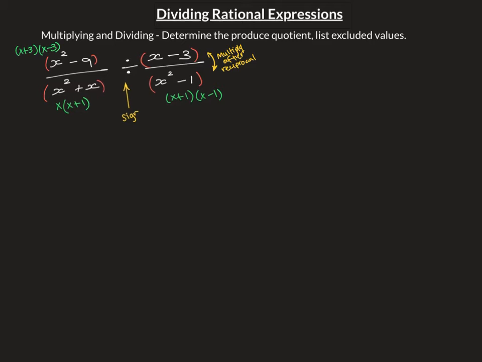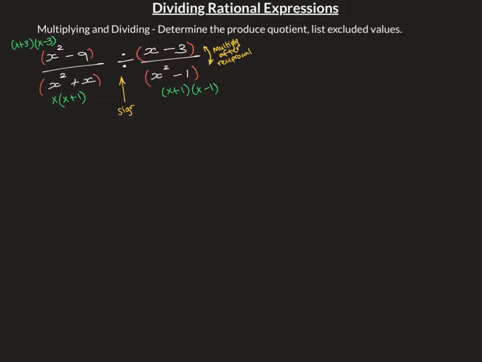So we can go ahead and just rewrite this. Our current new equation would be x plus 3 times x minus 3 divided by x times x plus 1, divided by x minus 3 over x plus 1 times x minus 1. Now, we'll take care of the sign.